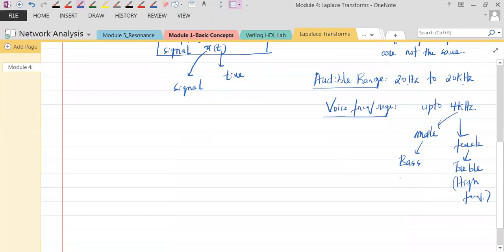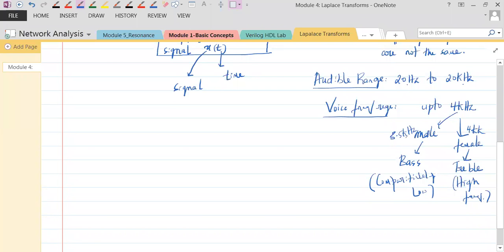Where bass, we say it is comparatively low frequency. Male voice. Understand that?